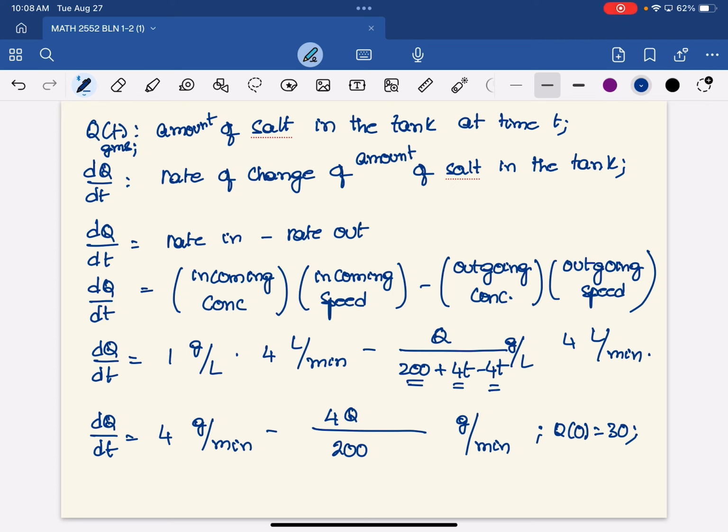So this is also grams per minute, so the dimensions match up. Clear? So upon simplifying, I get dq dt is going to be 4 minus q over 50, and q of 0 is going to be 30.